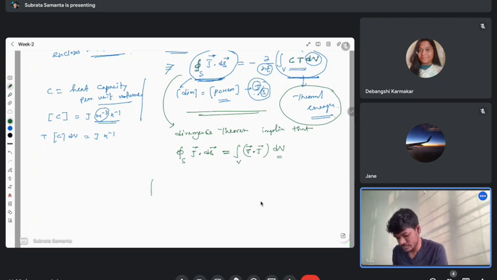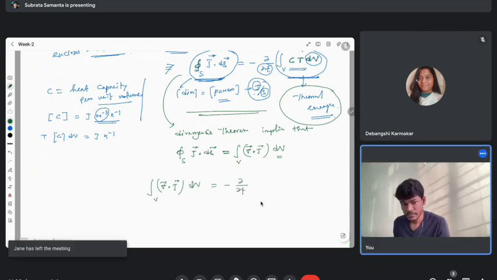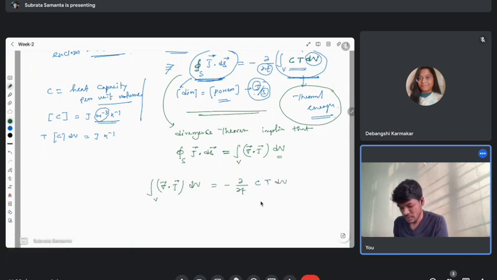The integral of the divergence of J dV over the volume is minus ∂/∂t of C T dV over the volume. So these are the same types of integral, volume integrals, and we can equate the two.